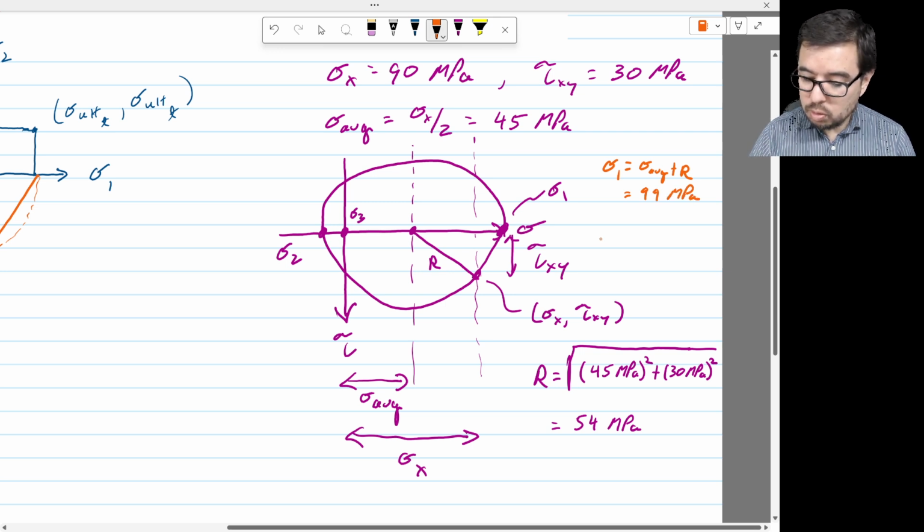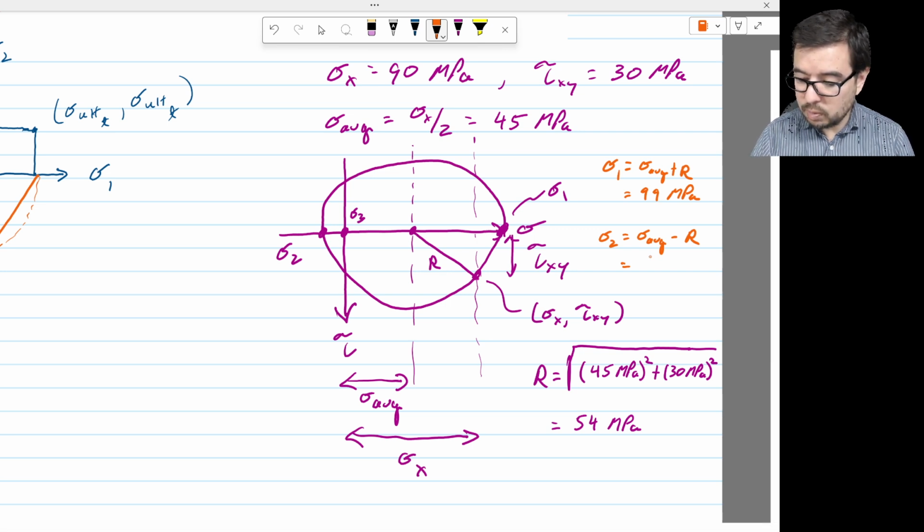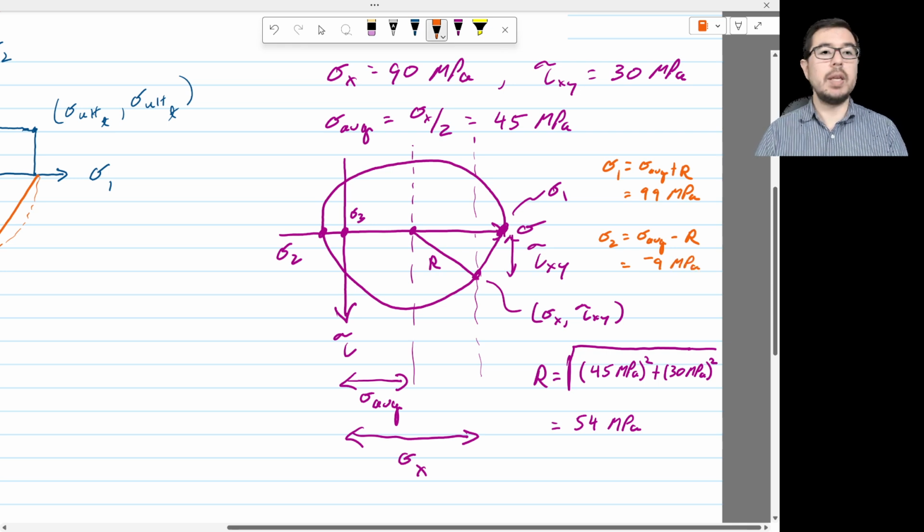And sigma 2 is going to be sigma average minus R, which gives us 45 minus 54, that would be negative 9 megapascals.